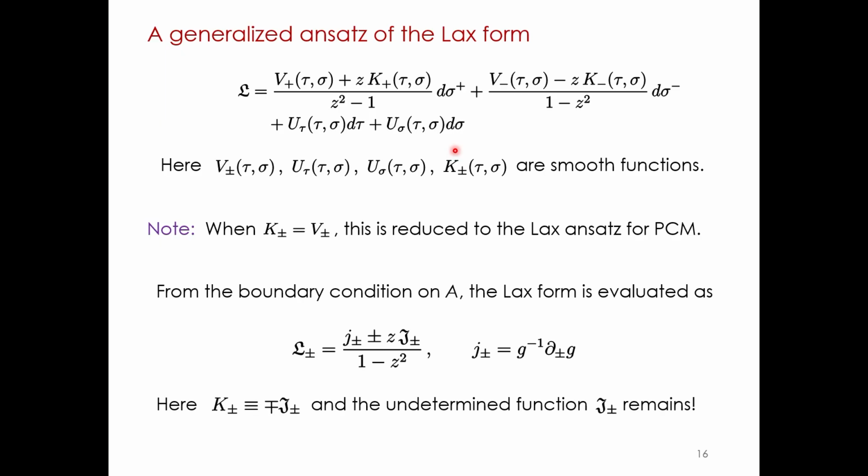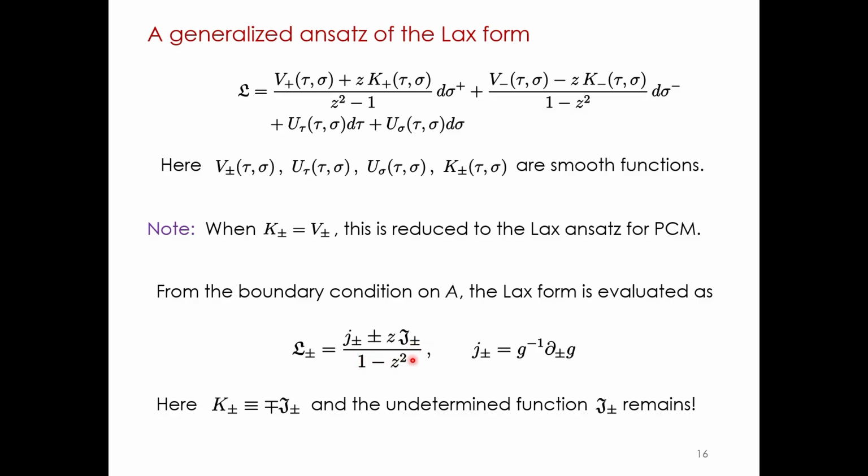Okay, so then, by putting this form into the boundary conditions, we can evaluate as in the following, as in the previous. So then, the Lax form is evaluated like this. Now k plus minus are redefined like this. So then, the Lax form has not been determined completely.